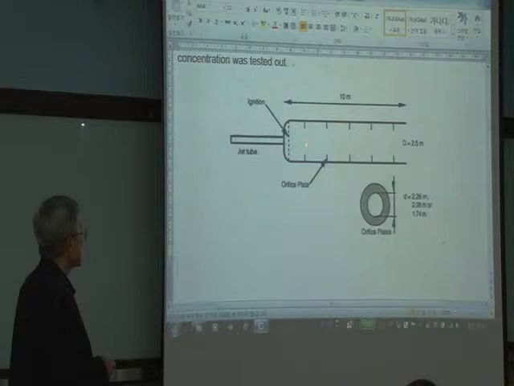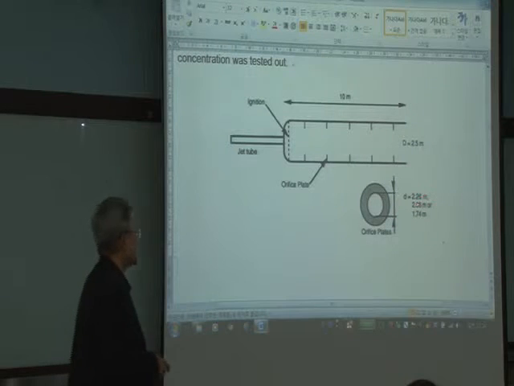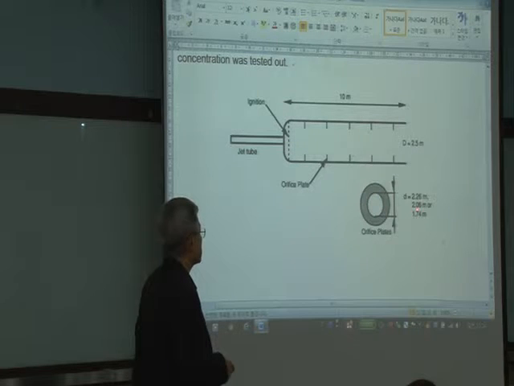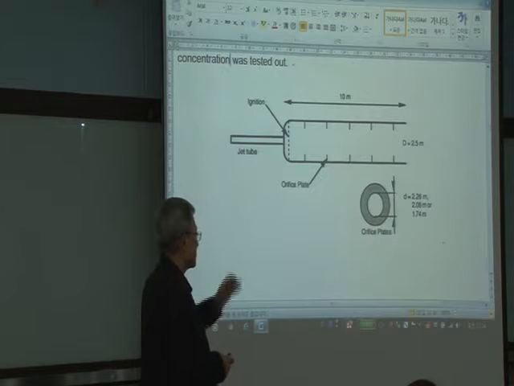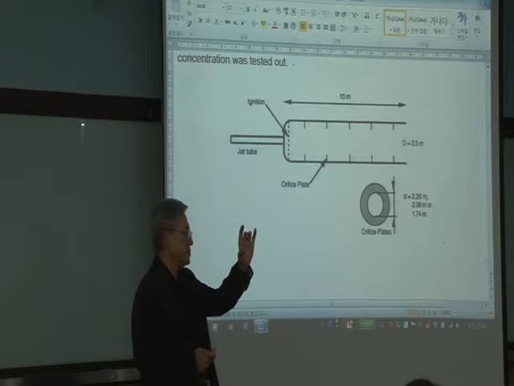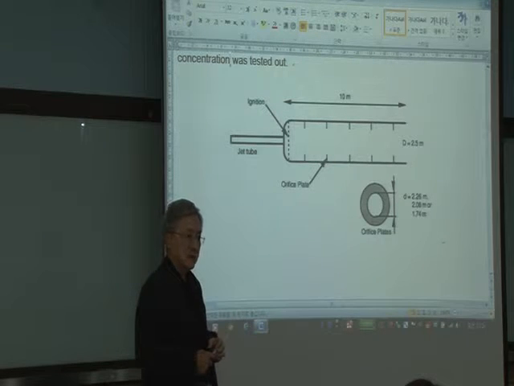Then there is an orifice, because it's an opening. In one case the diameter of the opening is 2.26 meters, another one is 2.06 meters, and the last one is 1.74 meters. So a large opening, medium, and a small opening.